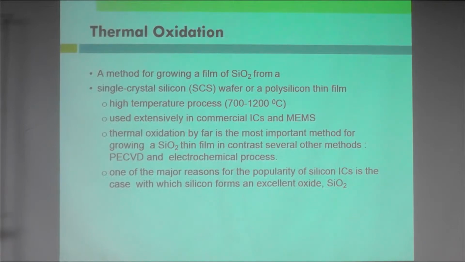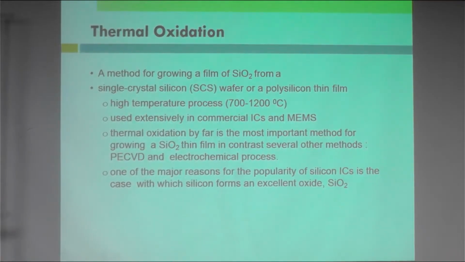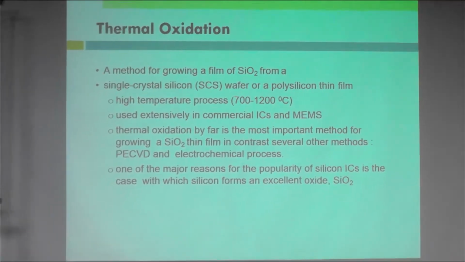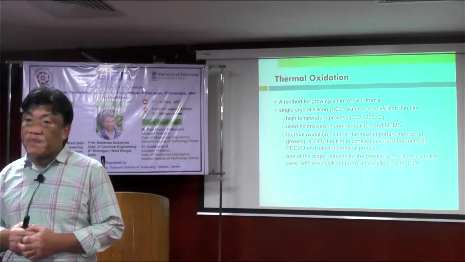So thermal oxidation, firstly, what is thermal oxidation? A method of growing a film of silicon dioxide from a single crystal silicon wafer or a polysilicon thin film. As we discussed before, in a MEMS device, silicon is a semiconductor material.